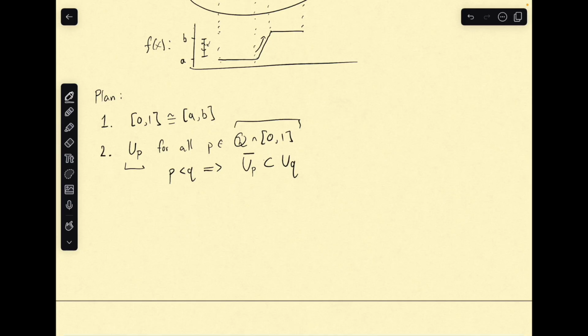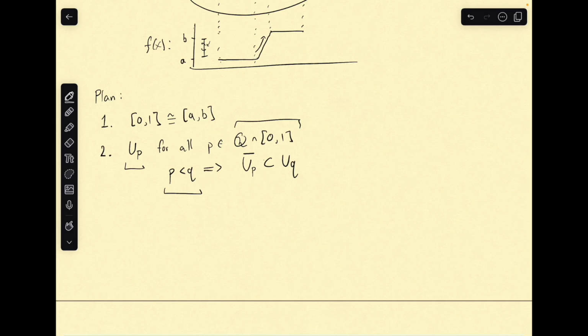corresponding to this rational P. And the result of this is that we're going to have a countable collection of open sets that are simply ordered by inclusion. And that ordering corresponds to the way these rationals are ordered on the real line.